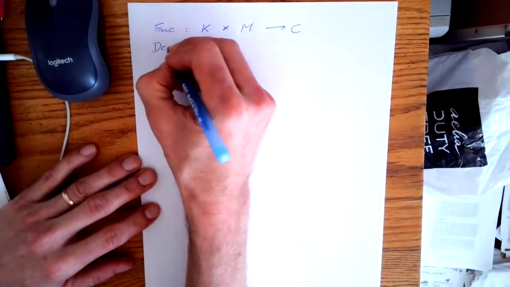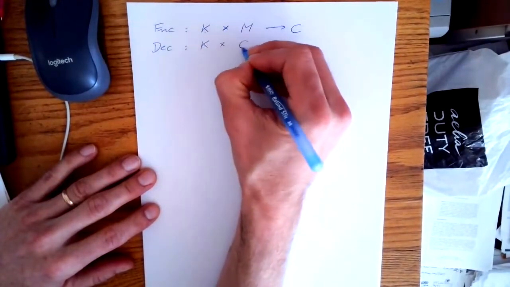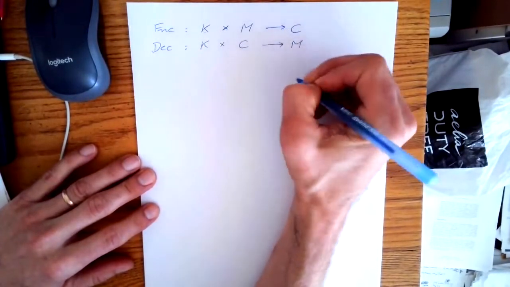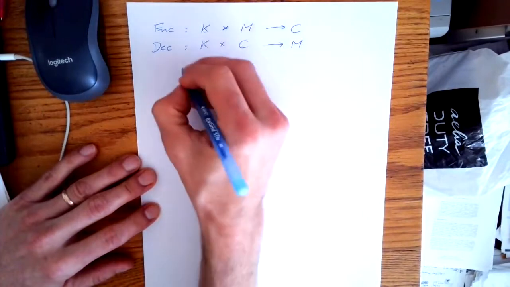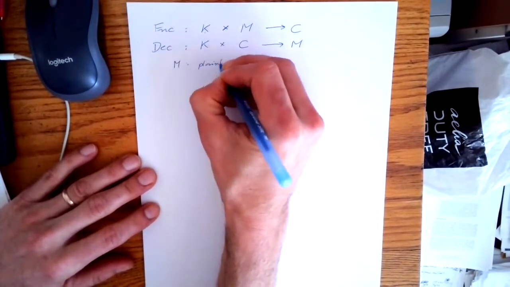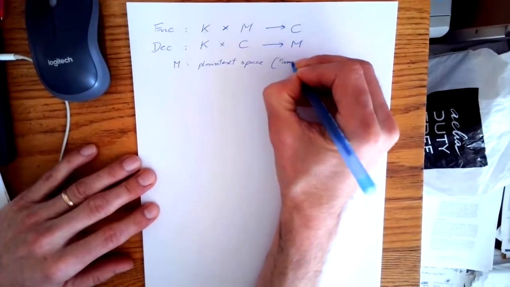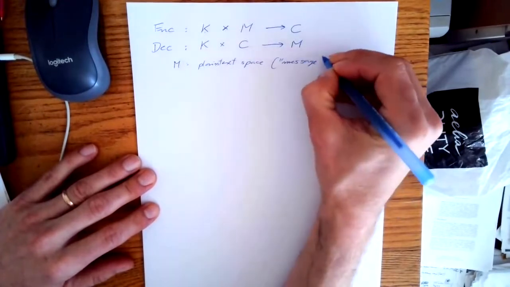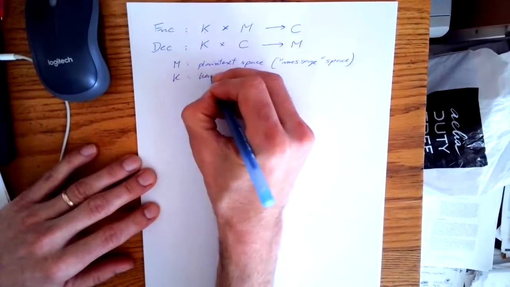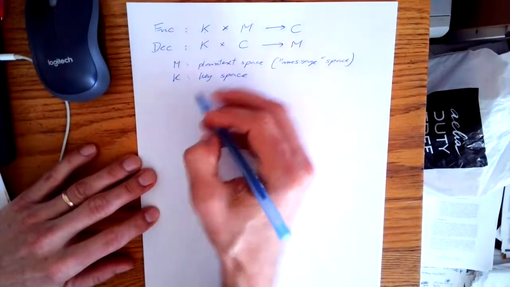And it comes with an inverse function called decryption, which takes a key and an element of the ciphertext and outputs an element of the plaintext space. So M is called plaintext space or message space. K is called key space. So that's the set where the keys are going to be chosen.